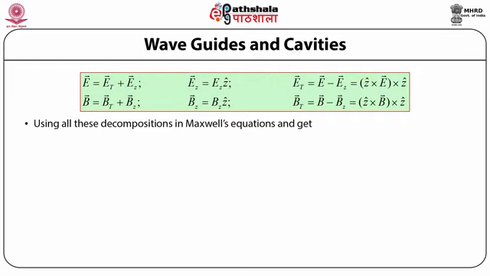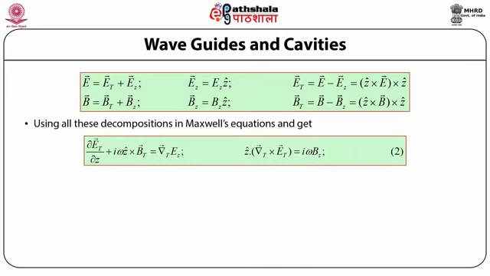So using all these different components that we have decomposed these fields into, we can then write down Maxwell's equations and get the following equations: the partial derivative of the transverse component of the electric field with respect to z plus i times omega times unit vector z cross product with the transverse component of the magnetic field induction vector B is equal to the transverse del operator acting on the z component of the electric field.